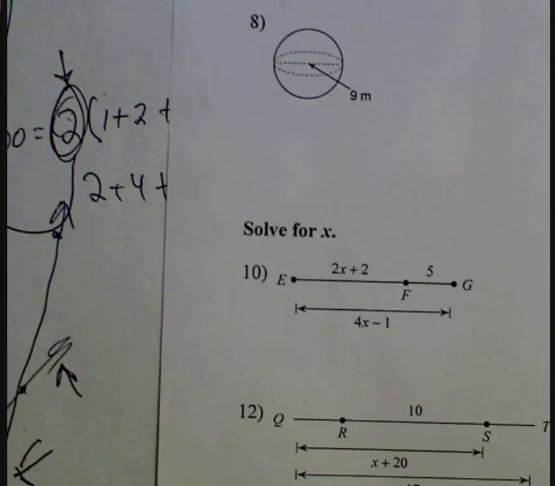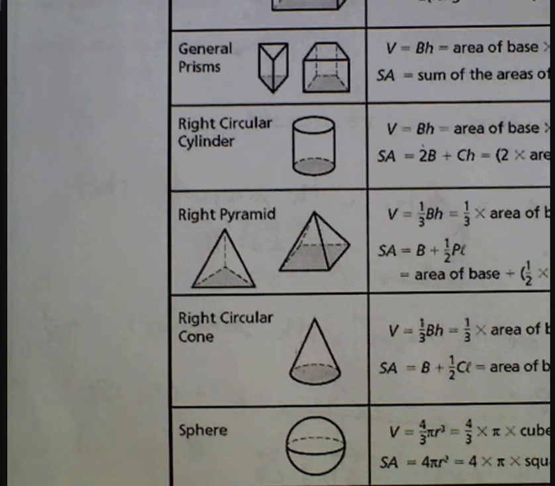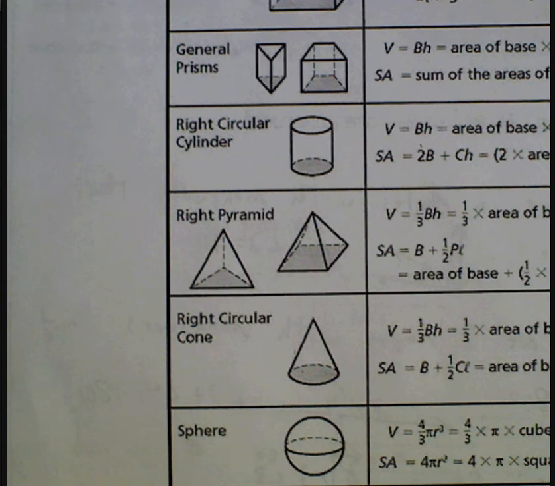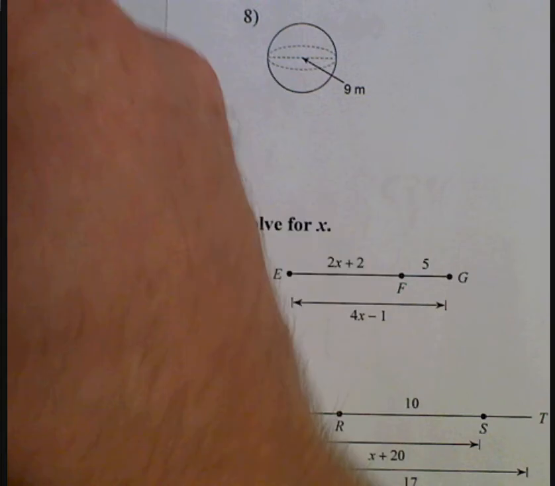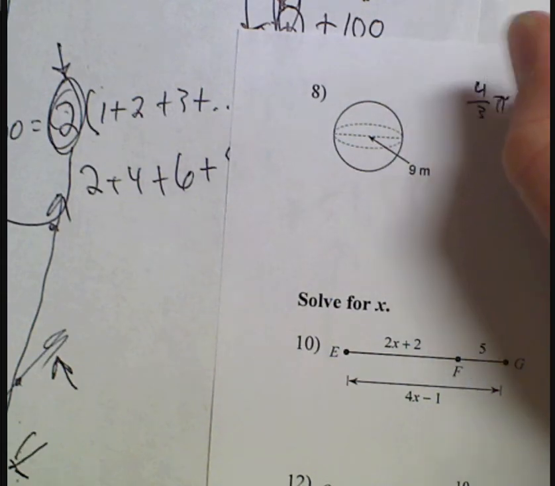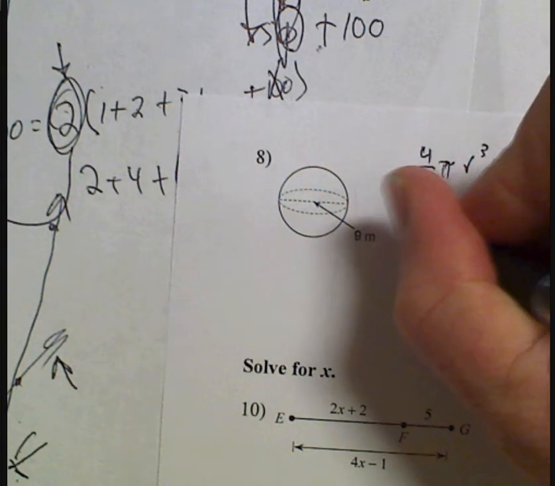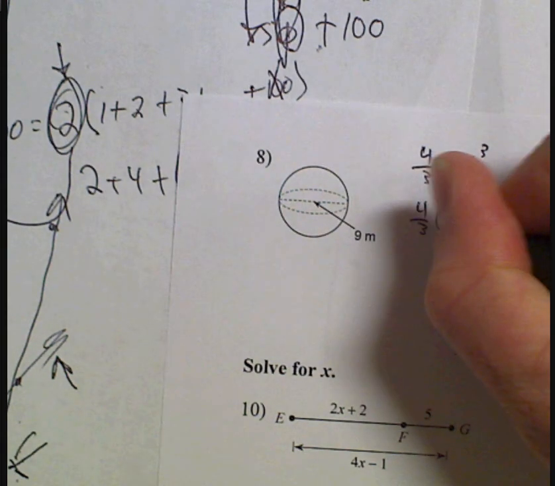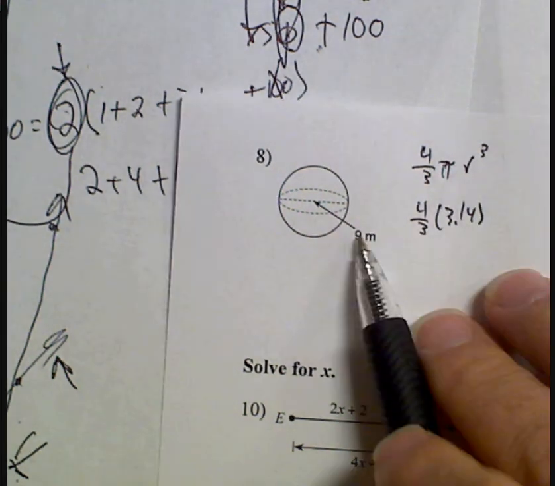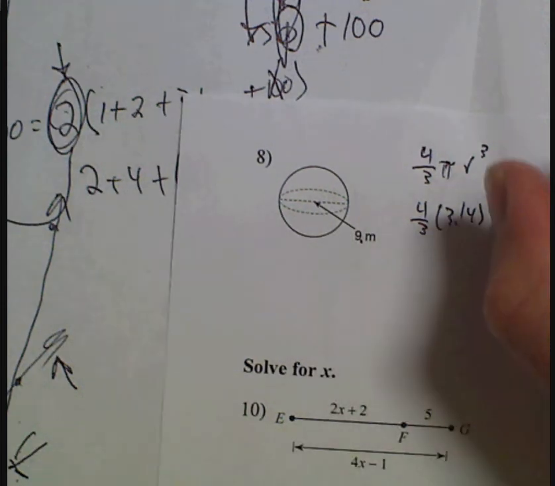My next shape is a sphere. When I look at a sphere, my volume is 4/3 pi r to the third. So 4/3 pi r to the third. So 4/3 times 3.14. My radius is half my diameter, so half would be 4.5.